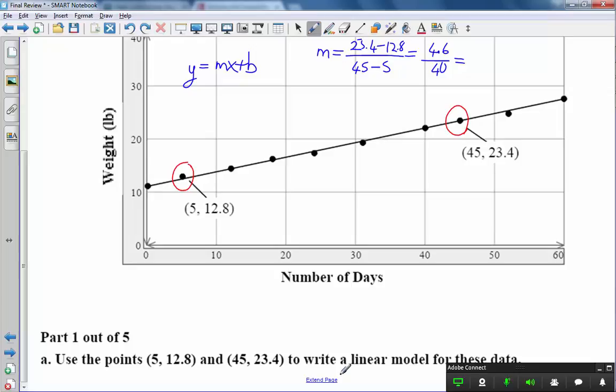No, it's not 4.6. Yeah, it should be more, like 10.6 or something like that. Okay, tell me the final answer. We got 10.6 over 40.